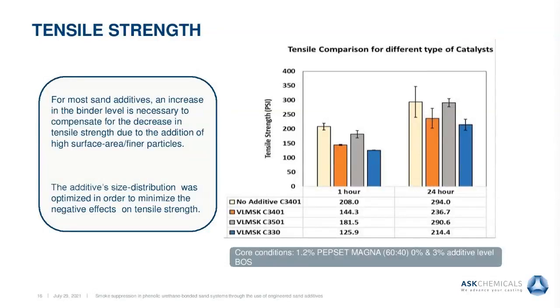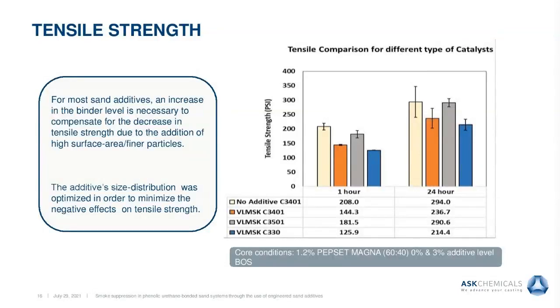The next question is, can you provide details on the sieve distribution of the additive, and how does it compare to Beno Ultra 350 specifically? Well, it has a very nice distribution, like I mentioned in the slide that is actually here.